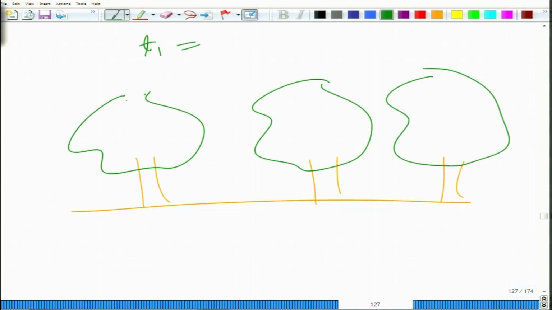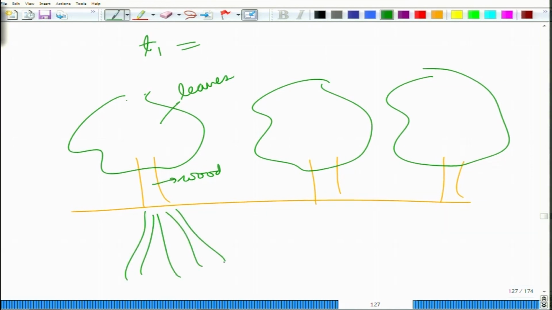Now, how do we measure the biomass? Well, we can make an estimate of the total amount of wood that is present, the total amount of leaves that are present, and we can also make an estimate of the total amount of biomass in the form of roots that is present in this forest.